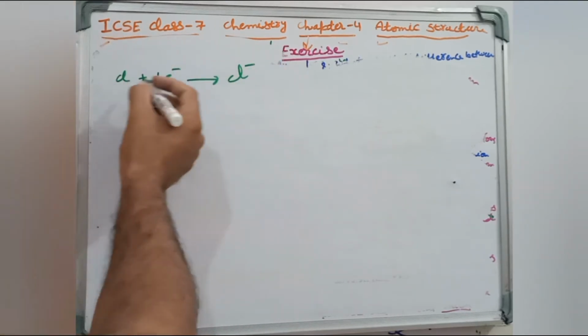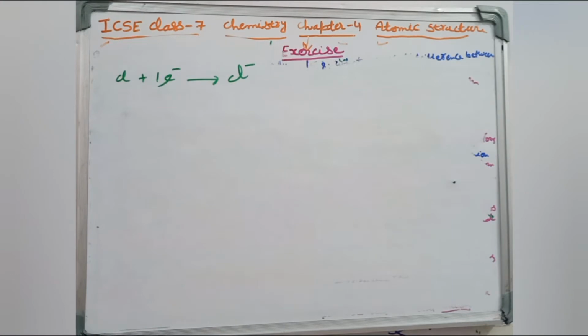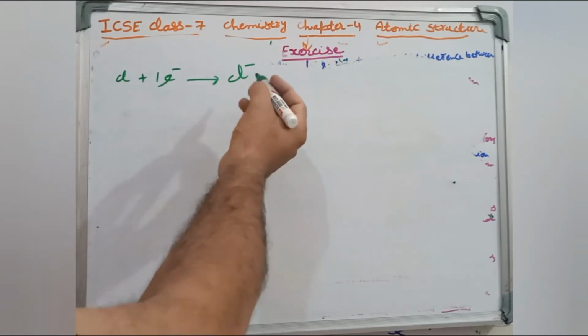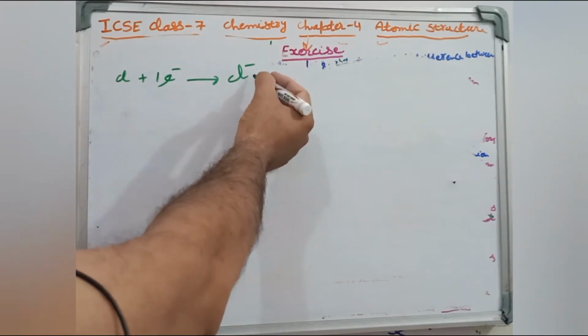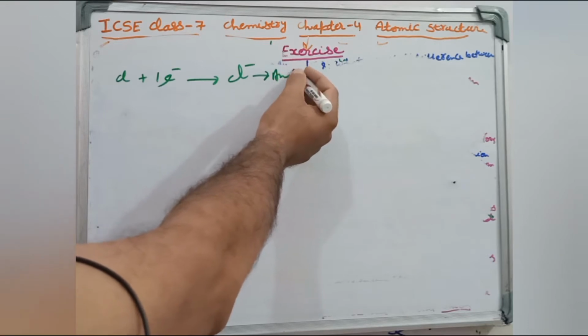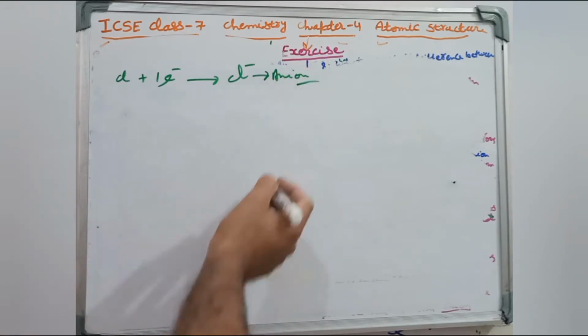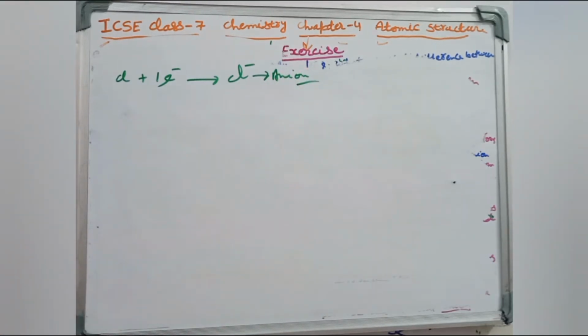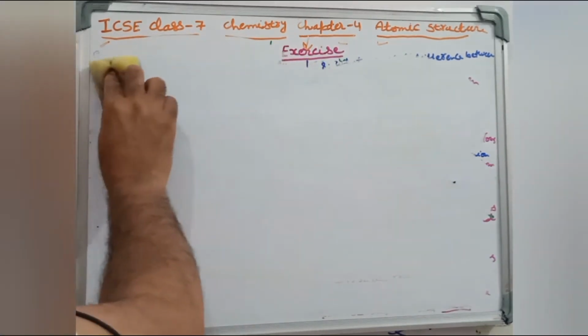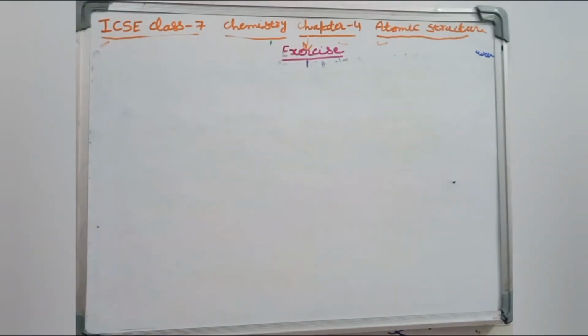Sodium has lost an electron, so that becomes positive. So this is the anion, chloride, right? So this was students' question number E, or in your book, all parts.